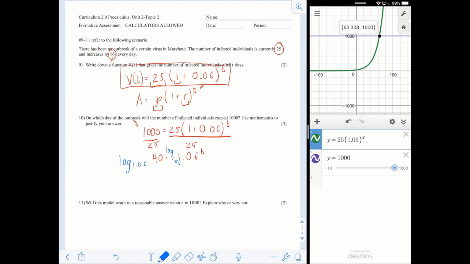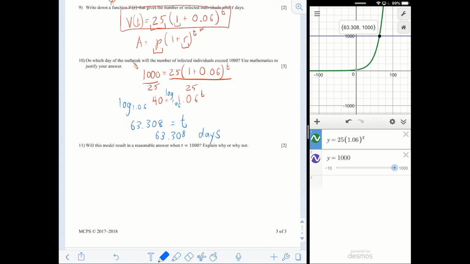So I'm going to get t is equal to 63.308. And what does that mean? After 63.308 days, that's when the number of infected will exceed 1,000 individuals.